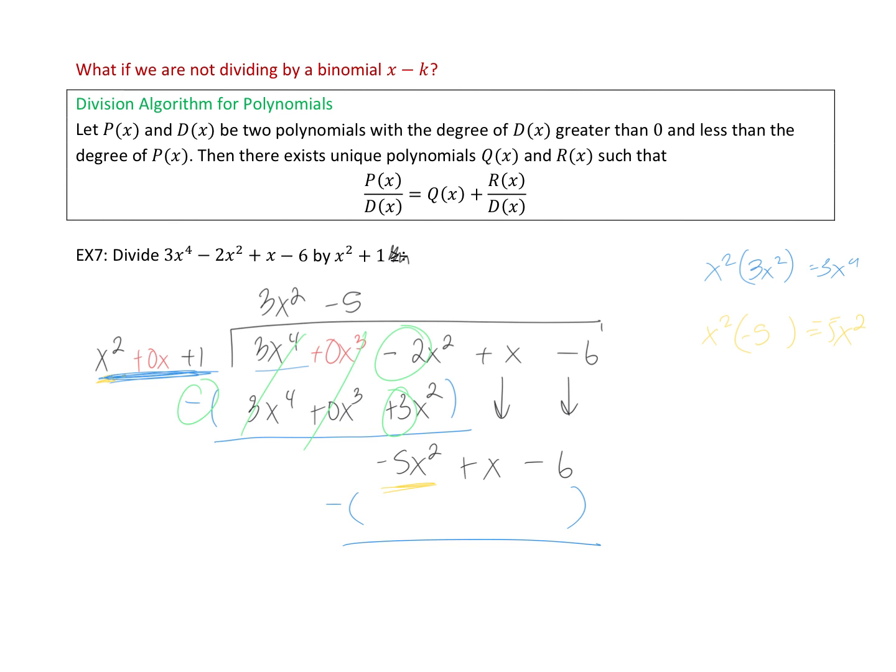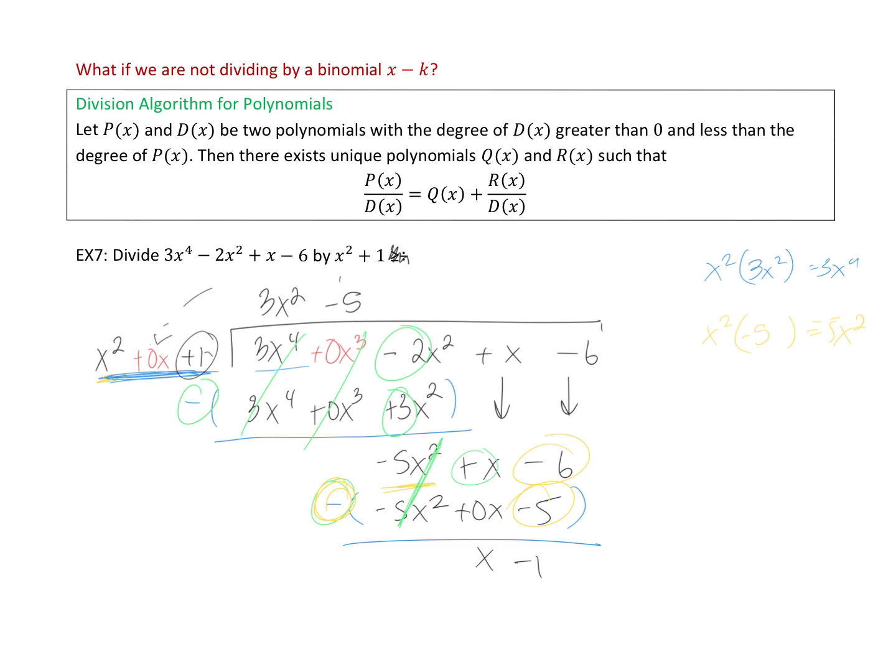So that would give me the negative 5x squared. Negative 5 times 0 would be 0. And then negative 5 times the positive 1 is going to be negative 5. Okay, doing the subtraction, that cancels out. Positive x minus that is just still a positive x. And then negative 6 minus negative 5 is actually going to be negative 1.